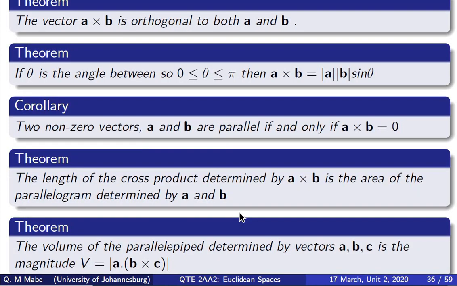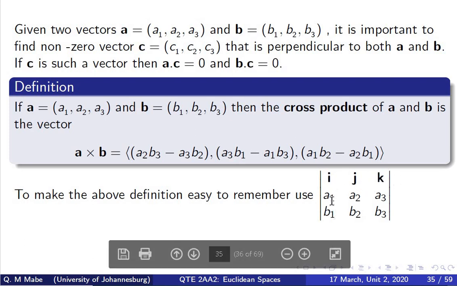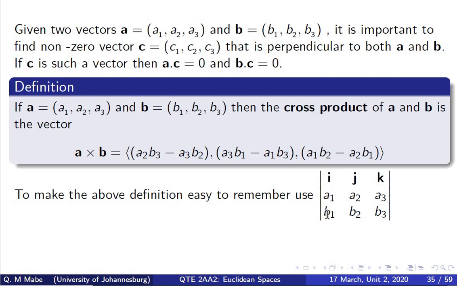So what we use is a determinant. I have i, j, k here, and I have a1, b1. In order to get the first component, I block out this i here, right? Then I multiply it the way you would when you get your determinant.